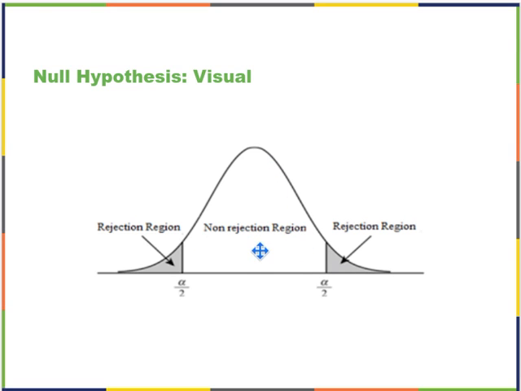It's in the non-rejection region. But if our H0 is 7 days here and our HA is 4 days, and 4 days is over here, it's more than 3 standard deviations if we're at the 99%. If we're way over here, then we're going to say that it is different. This is how the tests are conducted.